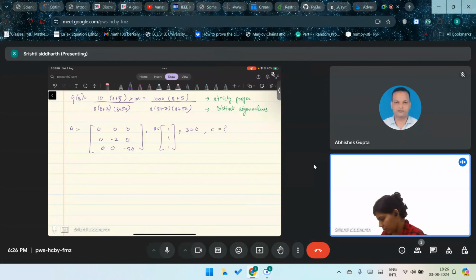We have G of S equals C1 over S plus C2 upon S plus 2 plus C3 upon S plus 50. So C1 is just the transfer function except the eigenvalue at 0, evaluated at 0.